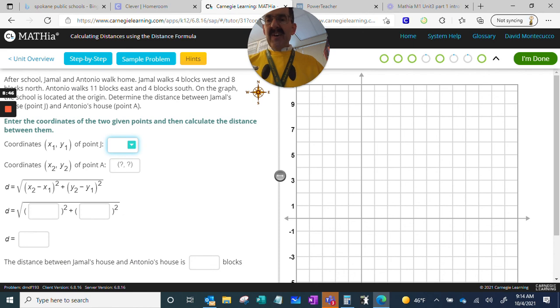Okay, so now Antonio walks to school 4 blocks west, 8 blocks north. Okay. And on the graph of the school located at the origin, determine the distance between Jamal and Antonio. Jamal walks 4 west, and 8 north. 1, 2, 3, 4. 1, 2, 3, 4, 5.